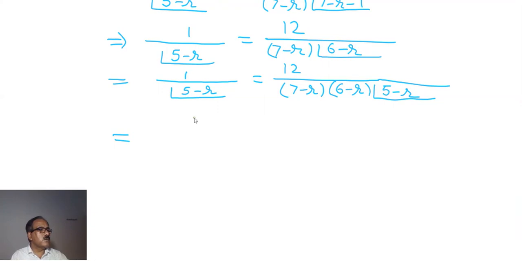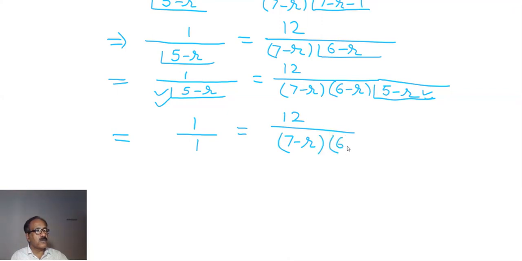Then 1 upon factorial 5 minus r and this factorial 5 minus r in the denominator, both these sides will cancel. So you will have 1 upon 1 is equal to 12 upon (7 minus r)(6 minus r).